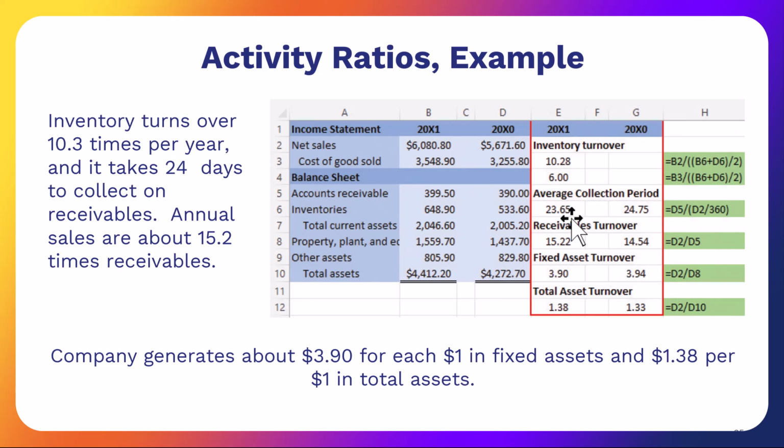And we see here that in the most recent year, customers paid us back in 23.65 days, and last year it was 24.75 days. So this shows that we're getting our money back quicker by a little bit more than a day.